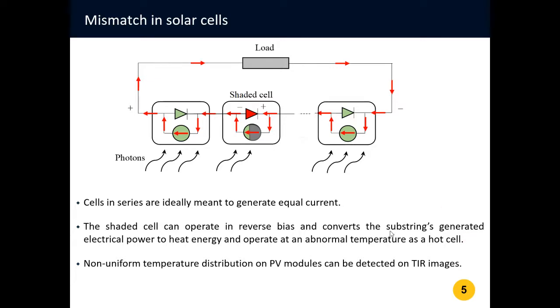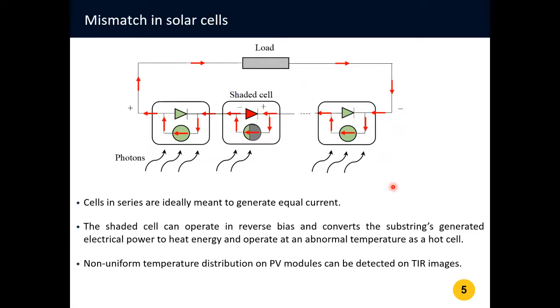This forces the shaded cell to operate in reverse bias and consume the electrical power generated by good operating cells and dissipate the energy as heat, such that it operates at elevated temperature than other cells. This causes non-uniform temperature distribution in the module, which can be detected on TIR images.